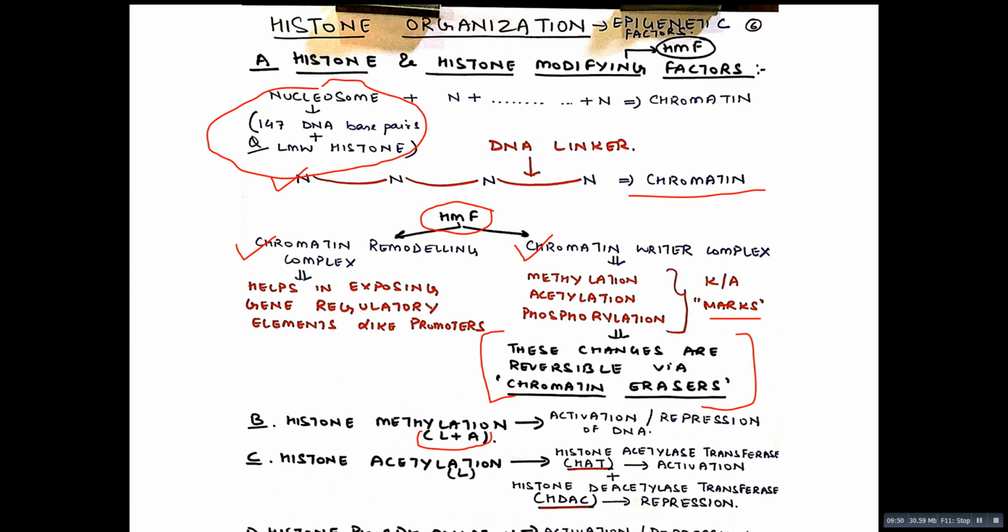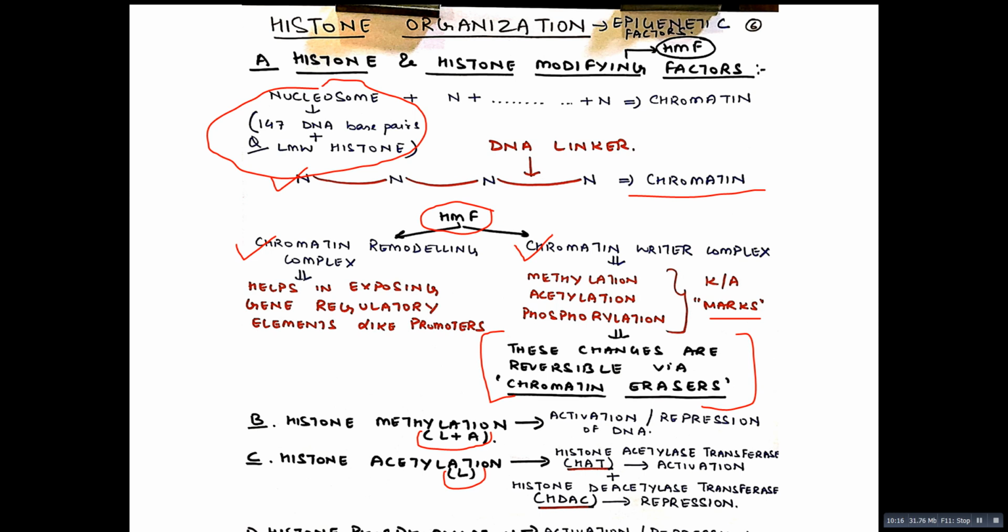Similarly, histone acetylation causes acetylation of lysine residues, and it can cause activation by means of histone acetyltransferase or repression by means of histone deacetylase. And we have histone phosphorylation of serine residues. It can again cause activation and repression of DNA.